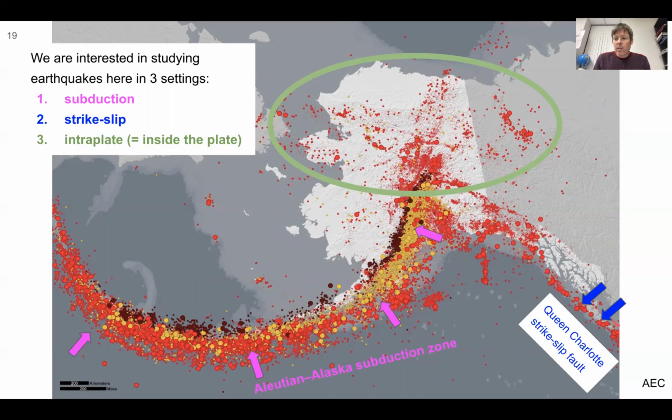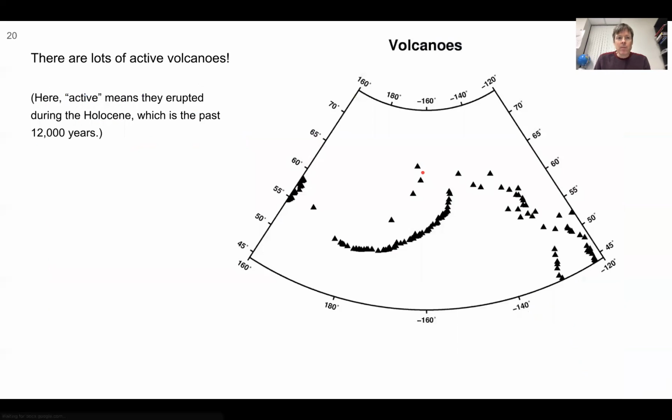Strike slip faults and these events here on this plate boundary. And then also all these events happening in interior Alaska. So we're right here in Fairbanks, right in the center part of this intraplate earthquake activity, and almost kind of related also to subduction as well, where the Pacific plate extends deep under central Alaska.